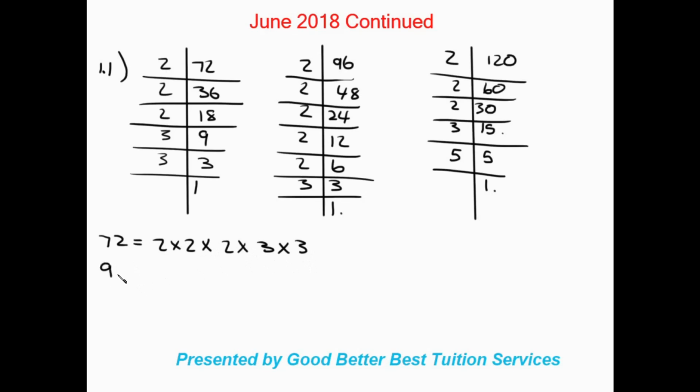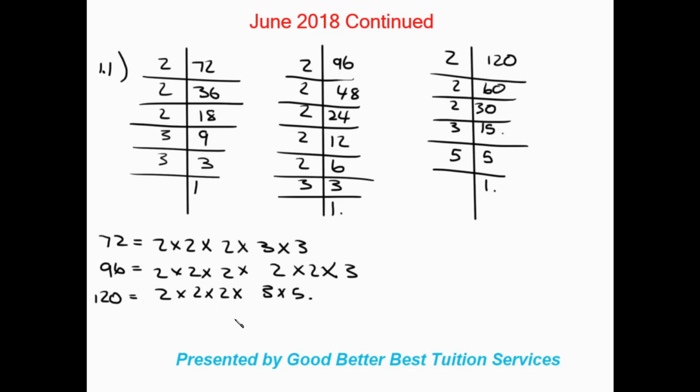We also know 96 is equal to 2 times 2 times 2 times 2 times 2, that's 5 twos, and then a 3, okay? And then we also know that 120 is equal to 2 times 2 times 2 times 3 times 5, cool?